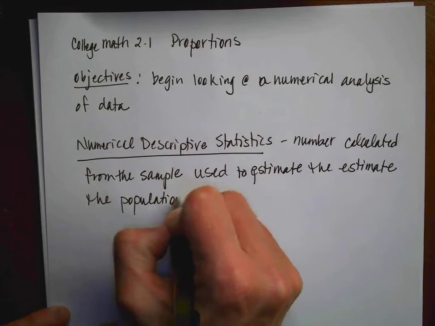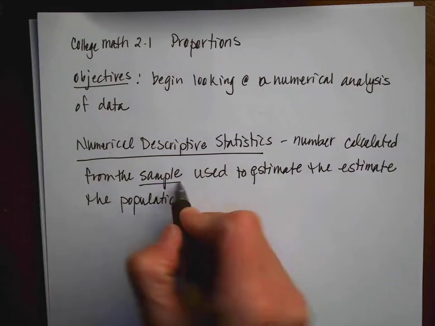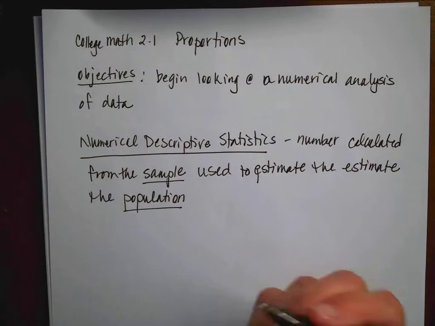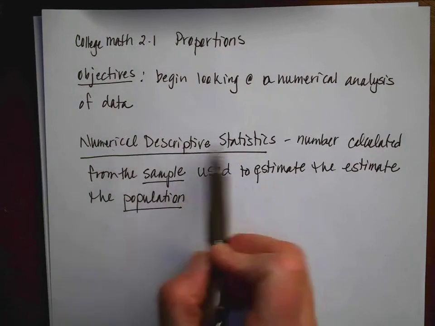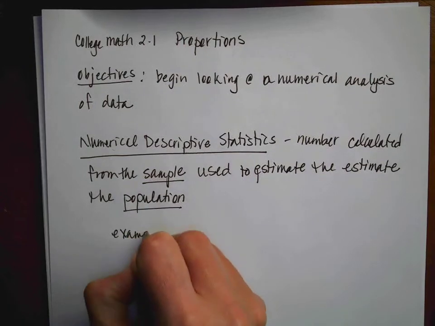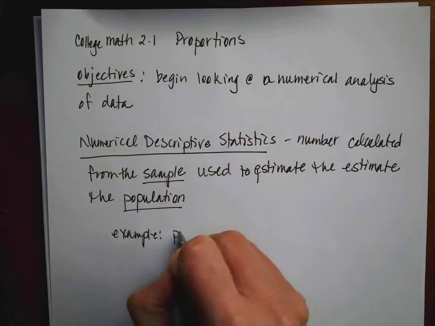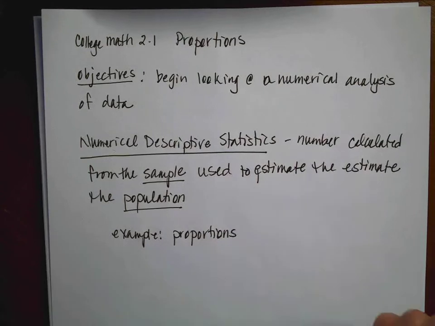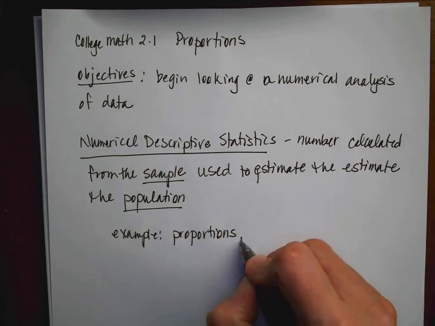And then I'll make some extra statements about the math that we're going to do, sample versus population, as we go along. So an example of a descriptive statistic could be proportions. And as we go through chapter 2, we're going to look at some of these.